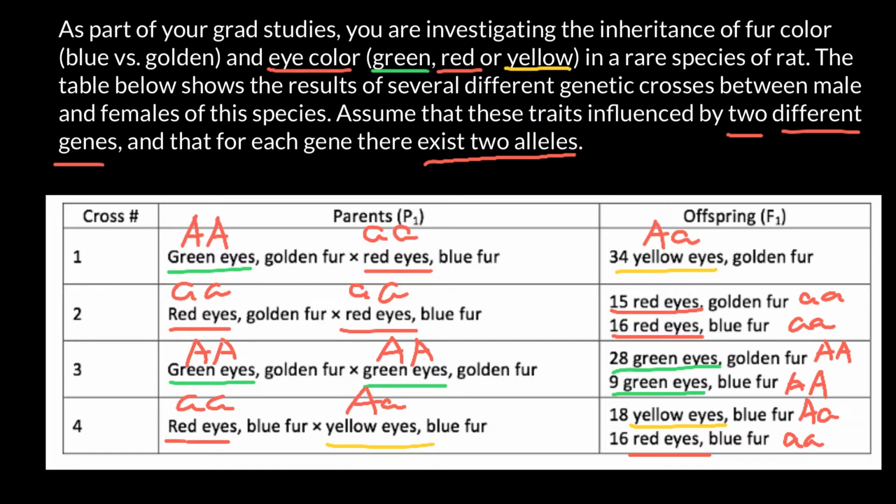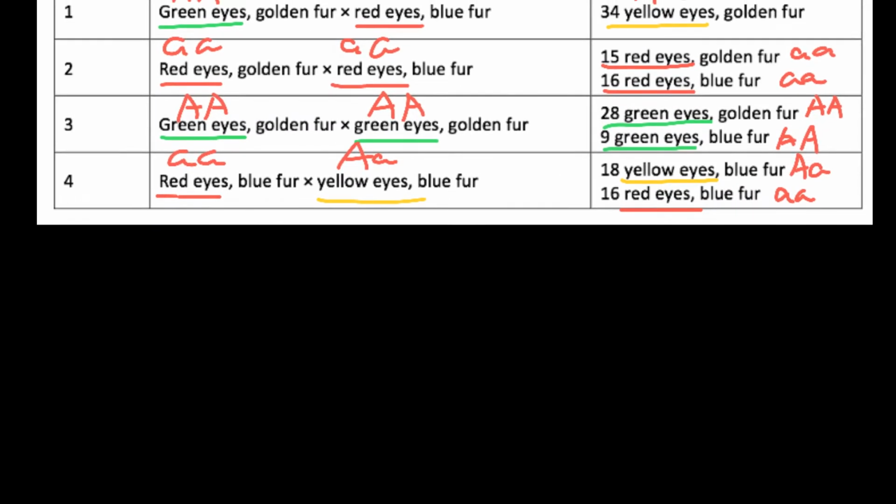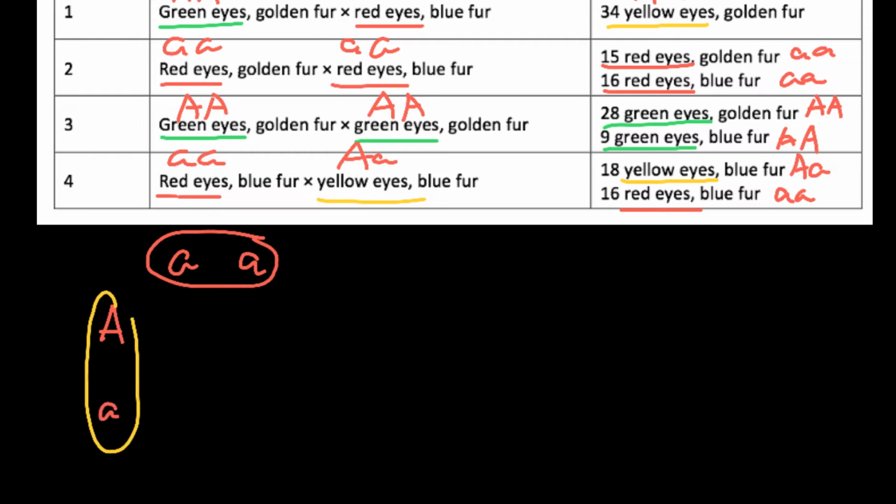Let me show you an example using a Punnett square. We have one parent who is homozygous recessive and has red eyes. Another parent is heterozygous and has yellow eyes.